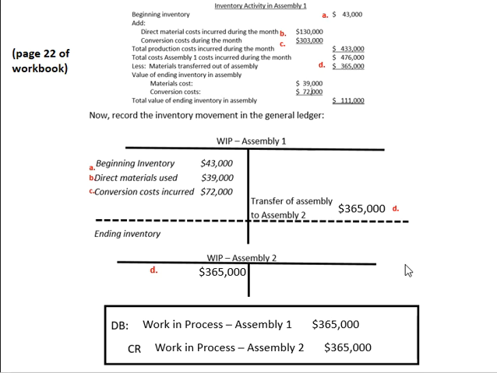And again, I've reversed these entries, unfortunately, but this should be a debit in work in process to assembly 2. Again, I repeat, a debit to work in process assembly 2 for $365,000 and a credit to work in process assembly 1 for $365,000.